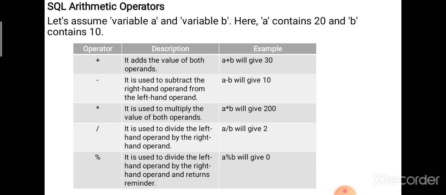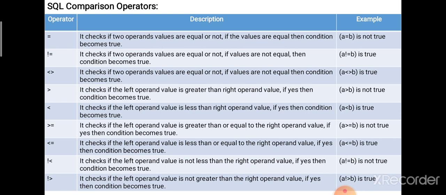Okay. Let us see the next operator, that is comparison operators. First one, equal. It checks if two operands' values are equal or not. If the values are equal, then the condition becomes true. We can keep the values which we have taken in the previous operator type, that is A and B. A is having 20 and B is having 10.